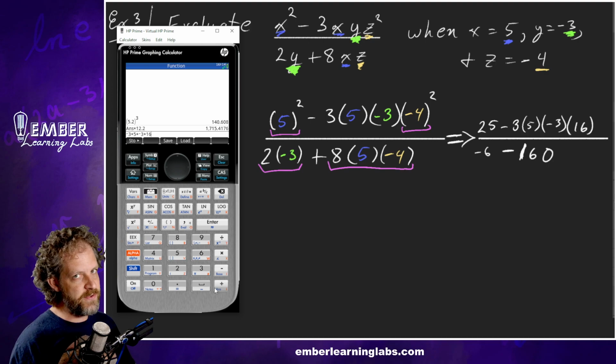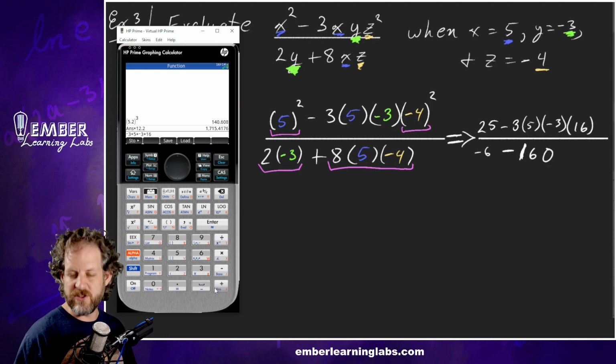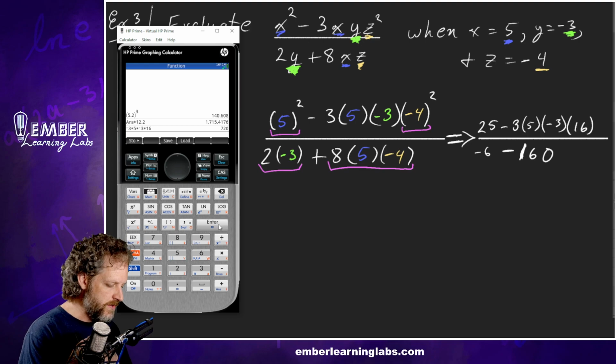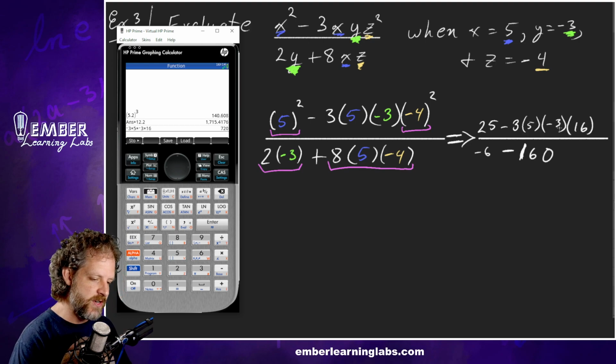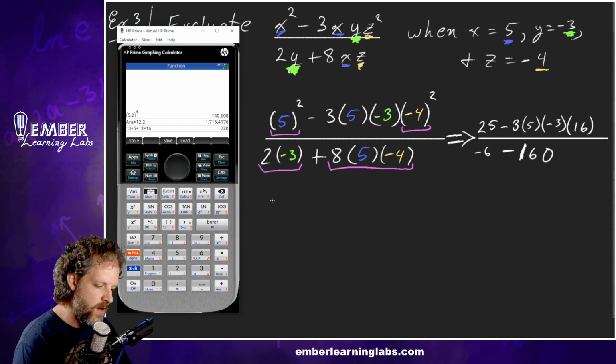They're pretty much always that way. If you're getting weird syntax errors, that may be something you're doing wrong. I'm going to hit enter right there. We get 720, and it's positive because we've got 2 negatives. An even number of negatives ends up positive, right?